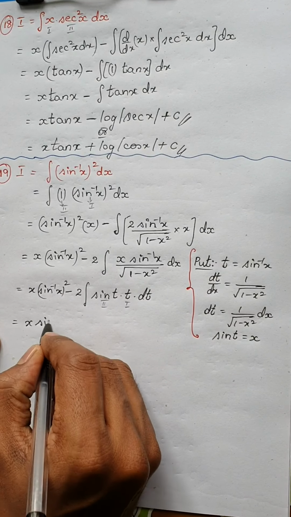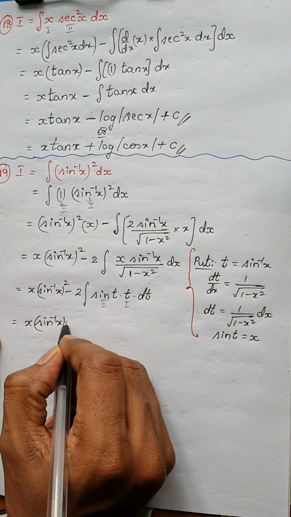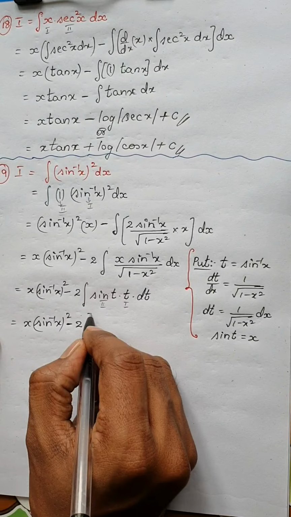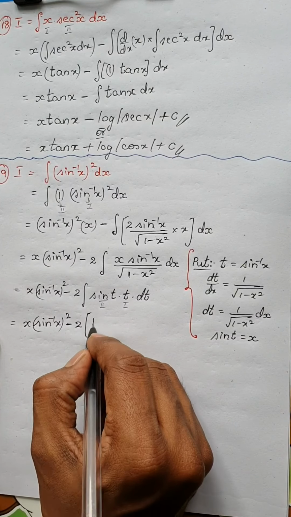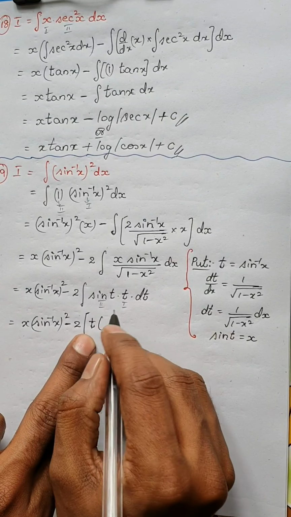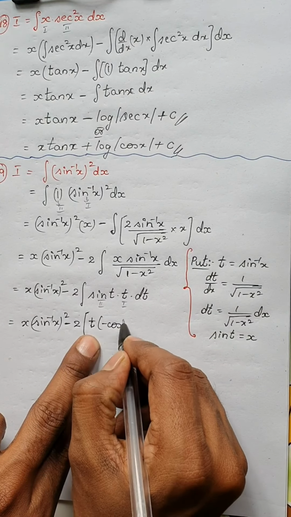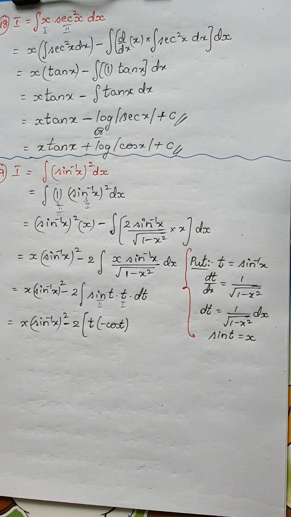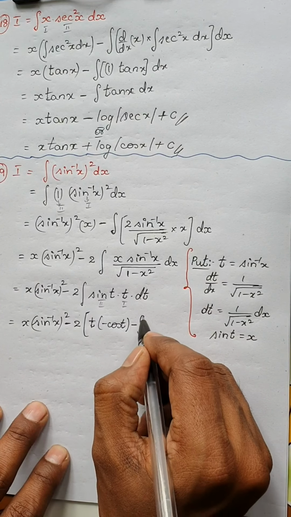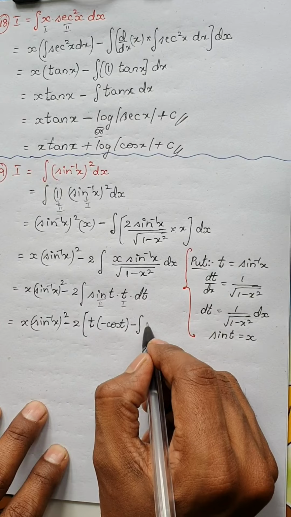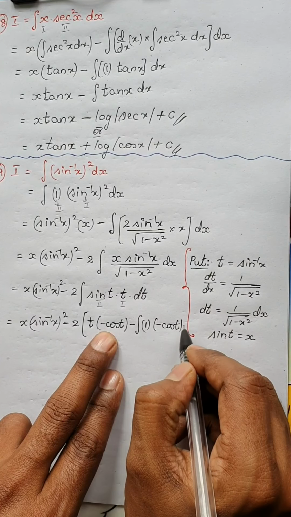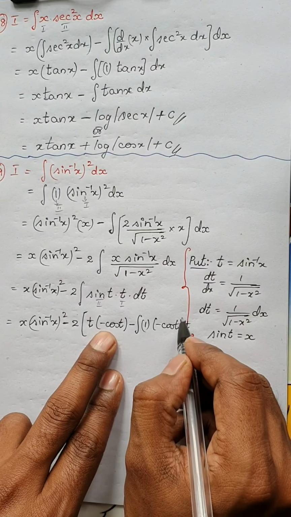This is x into sine inverse of x whole square minus 2 into, let me use integration by parts. Keep the first function as it is. Now the integral of the second function: the integral of sine is, we all know, minus cos. Minus the integral of the derivative of t with respect to t, which would be 1, and this function as it is, which is minus of cos t dt.